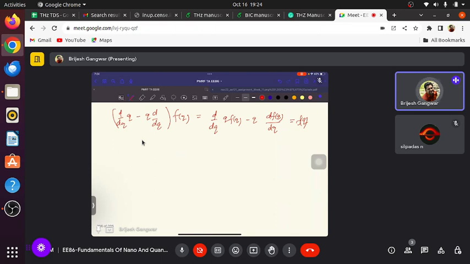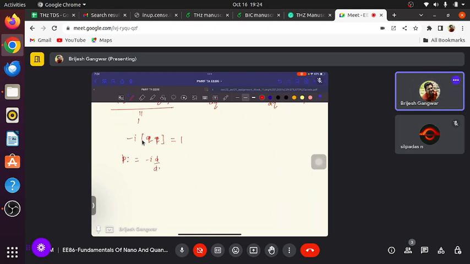It means this will be equal to 1. This coincides with the usual canonical commutation relation, the commutator of q and p equals i. In the position space representation, p is equal to minus i d over dq.